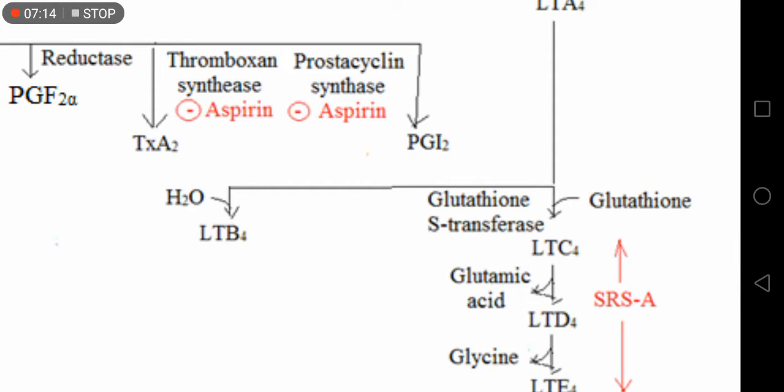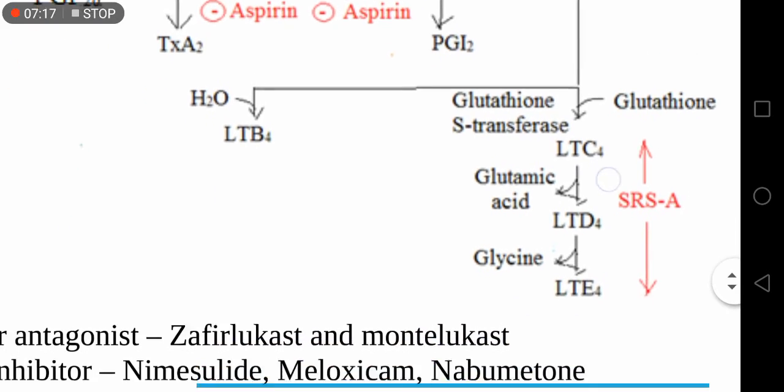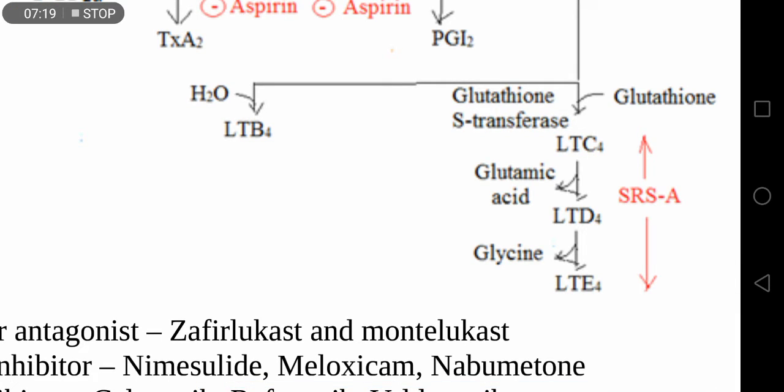Then leukotriene C4 after liberation of glutamic acid converts to leukotriene D4. Then leukotriene D4 after liberation of glycine forms leukotriene E4.